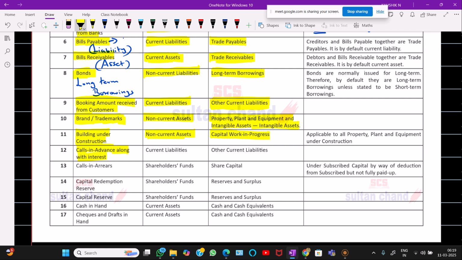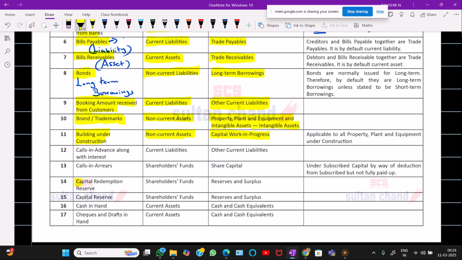So temporarily I am holding on item number 12, calls in advance. Once we complete a few items, definitely I'll touch upon calls in advance, calls in arrears and other items. Now item number 13 also I'm keeping on hold. I'm just moving on to item number 14.